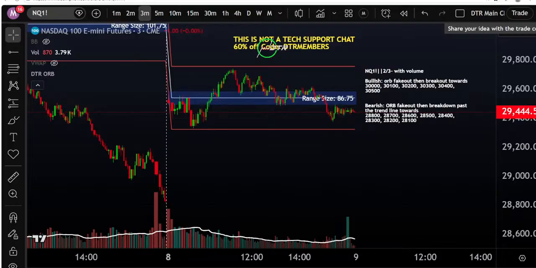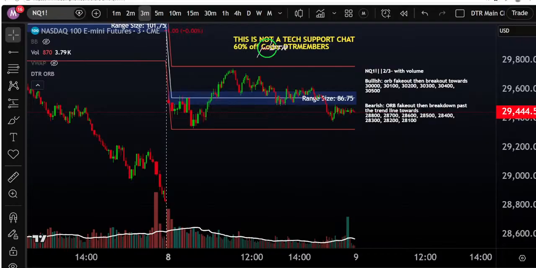So, on my indicator, can you share your settings? Easiest way to do that is go into the DTR website, dtrtrading.com/chat or /DTR indicator, sorry, and then just click copy and save that layout setting in your own TradingView.